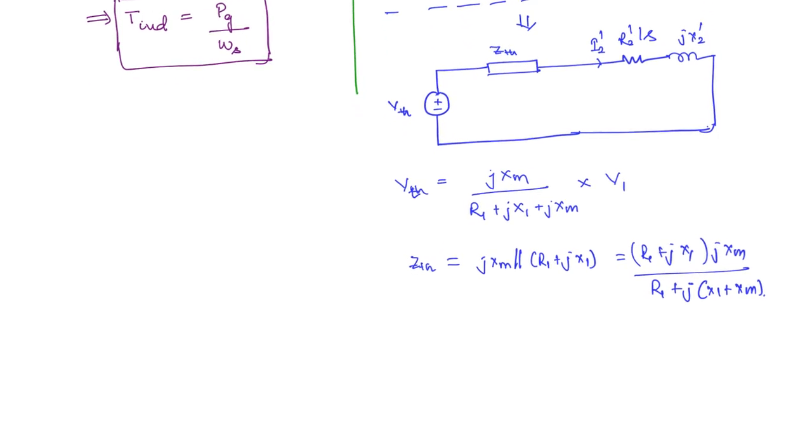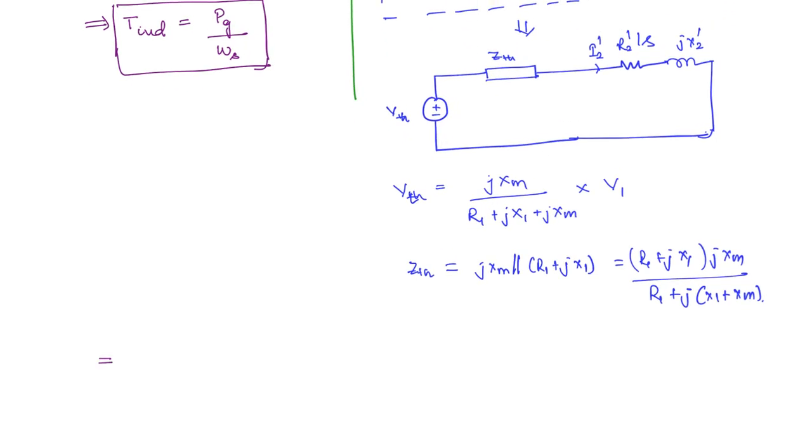So what will be the current value here? This implies I2 dash is nothing but the current flowing in this circuit. So it equals V Thevenin divided by (Z Thevenin plus R2 dash by S plus jX2 dash). This is in the phasor form, but we don't want the phasor form, we just want the magnitude.